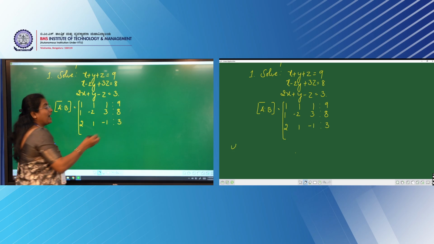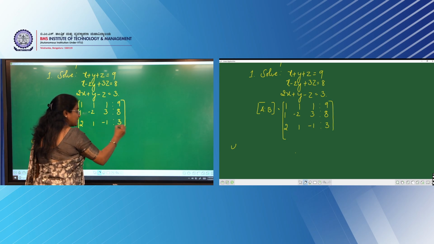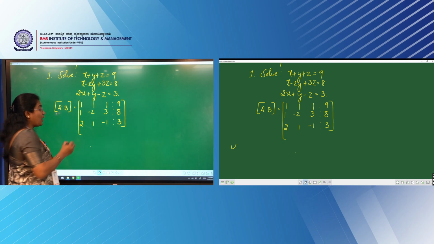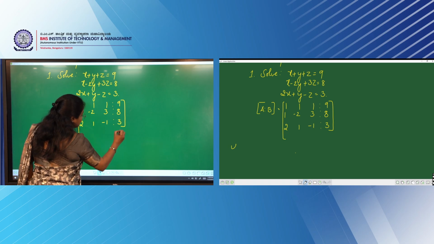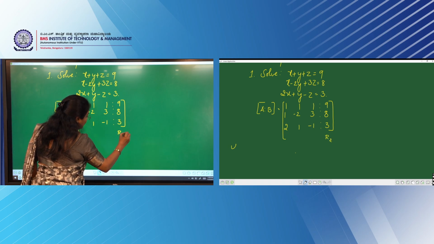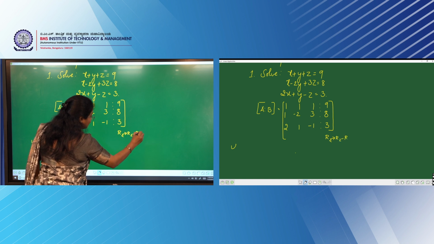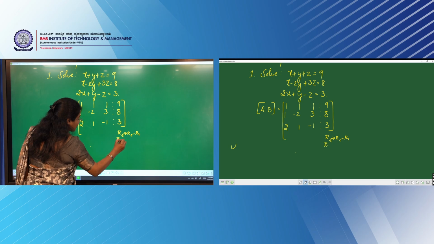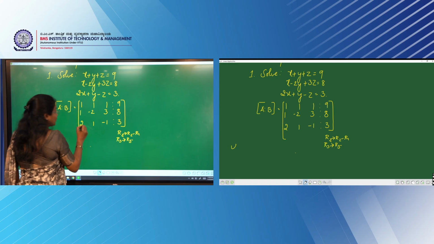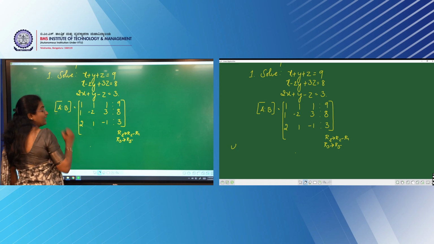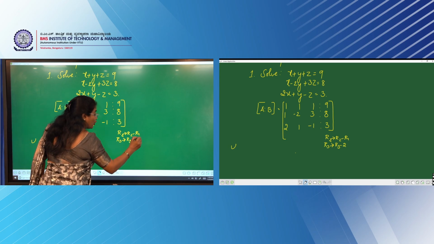So now we have to use only row operations and reduce to upper triangular matrix. First, R2 changes to R2 minus R1. R3 changes to R3 minus, here 2 is there, so I need to multiply 2 to row 1.